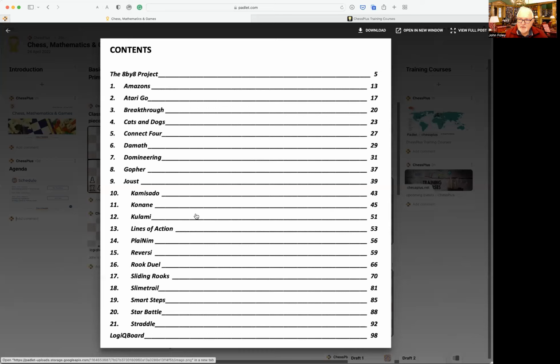And so these games will operate on a chessboard. So if you have chessboards, you can play chess, but you can also play many of these other games. And the question is, well, why would you want to do that? Why not just stick to chess?